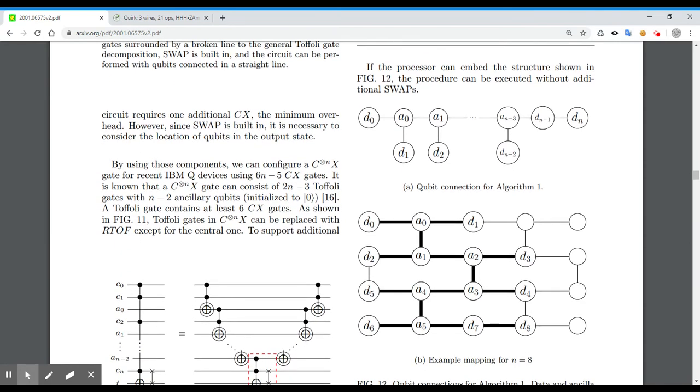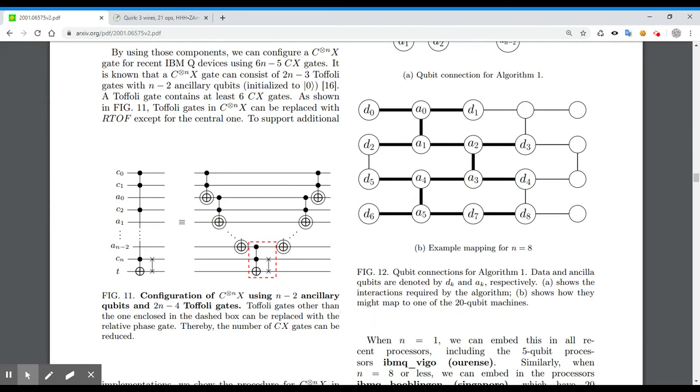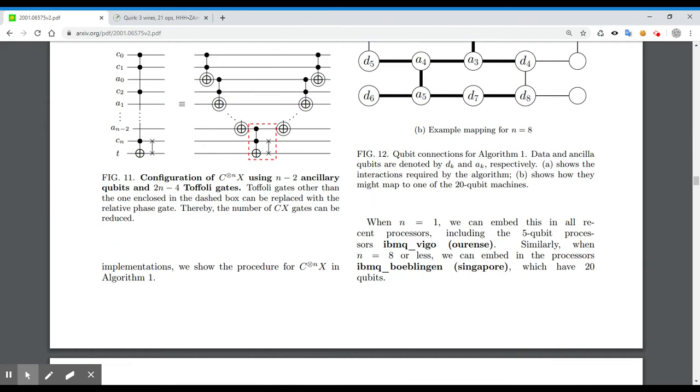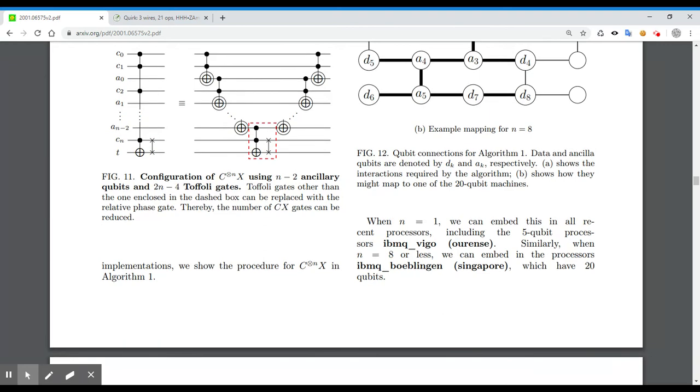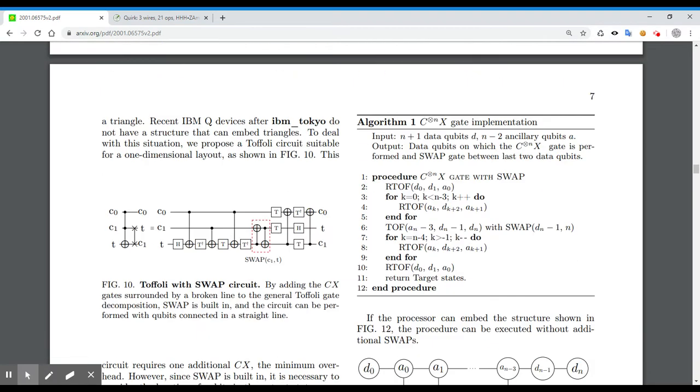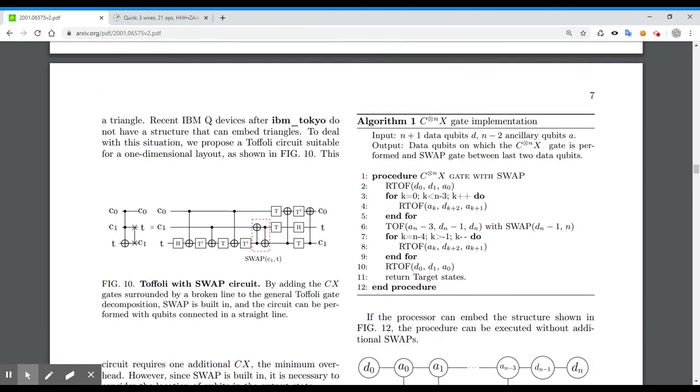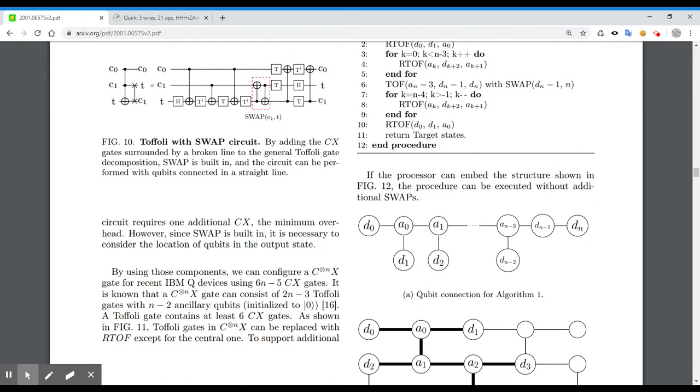A Toffoli gate containing at least 6 control X gates can be replaced with an Artoff except for the central one to support additional implementations. We show the procedure for an n-controlled X gate in algorithm 1. Okay, so there's the algorithm. If the processor can embed the structure shown in figure 12, the procedure can be executed without additional swaps.